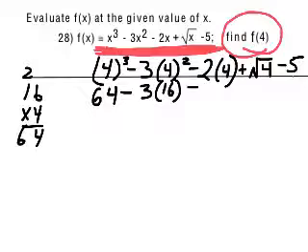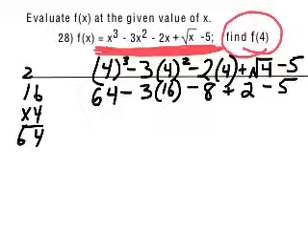Minus 2 times 4, we can do that one now. 8 plus square root of 4. Actually, we should have done that first, because a square root is an exponent. It's a fractional exponent. Square root of 4. The square root of any number is a number multiplied by itself to get that number. So it's 2. 2 times 2 is 4. And then that's minus 5.